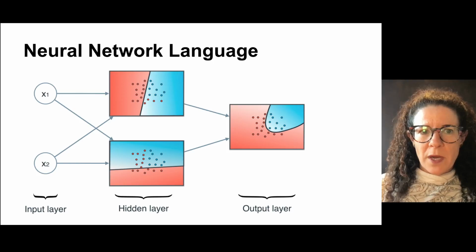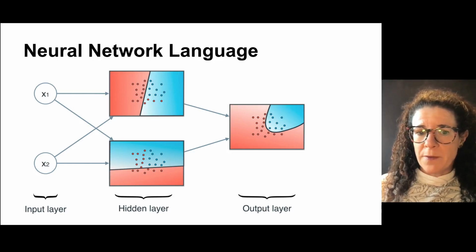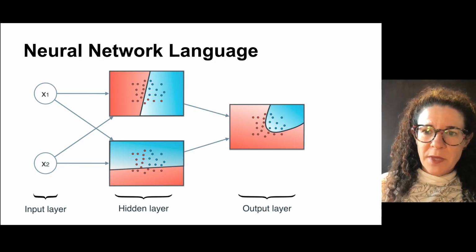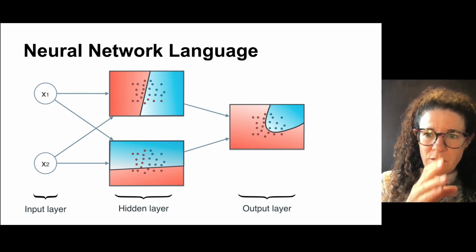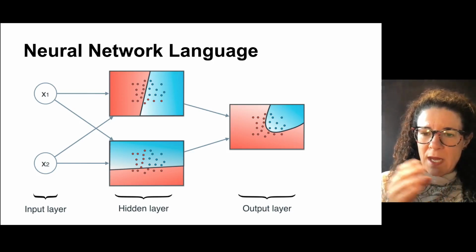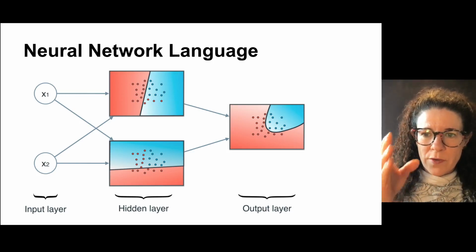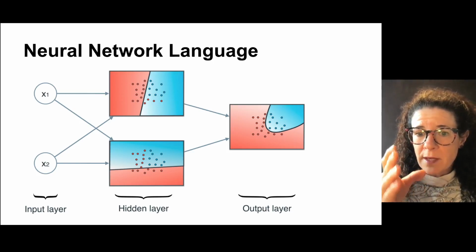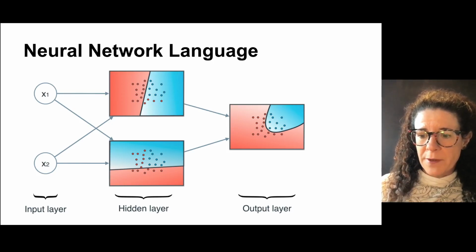So let's talk about neural network language. The input variables are going to be the input layer. The intermediate scores from the judges are going to be our hidden layer, and the score from the president is going to be the output layer.